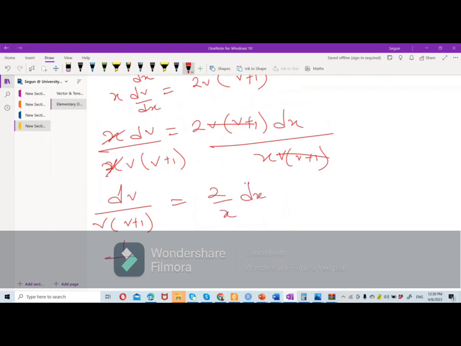So we have 1 all over v into v plus 1 dv equals 2 over x dx. Sorry, 2 over x.